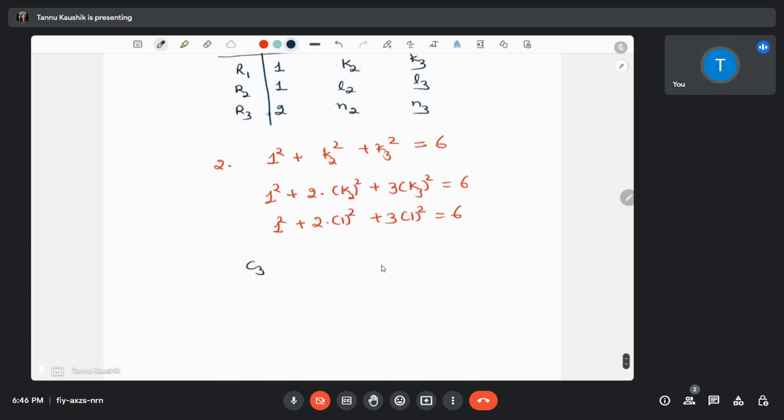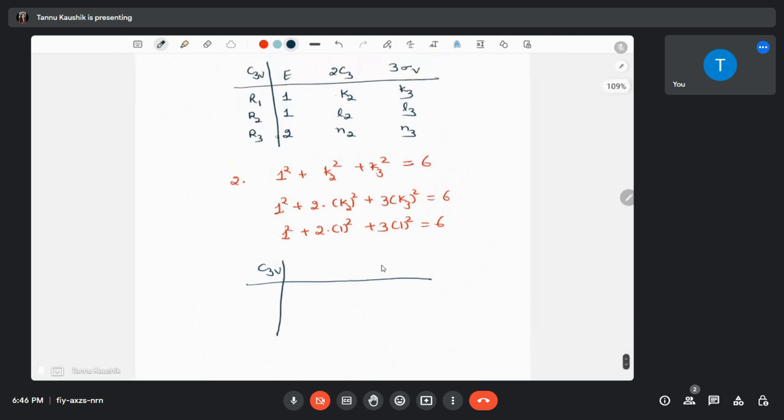So now the group multiplication table will become, so following these steps step by step you can create a group multiplication table for any point group. So R1 will be 1, 1 and 1. R2 and 3.